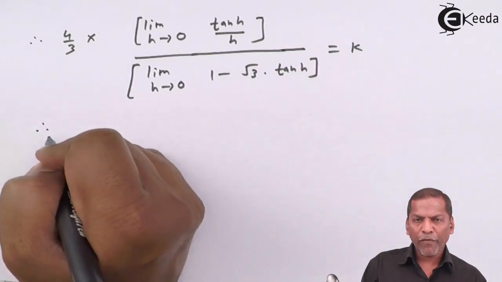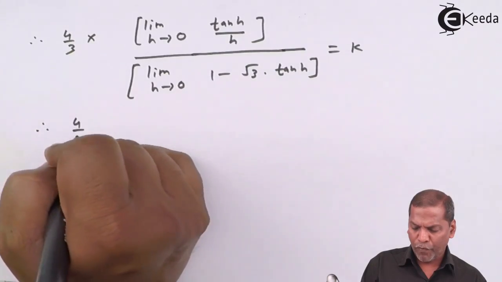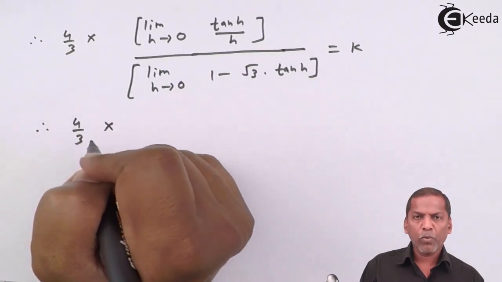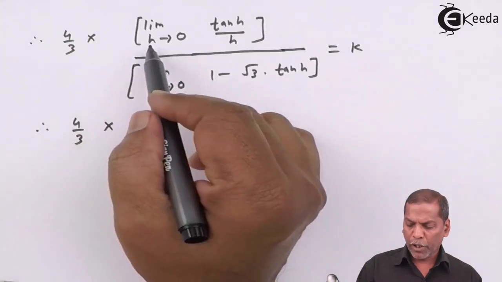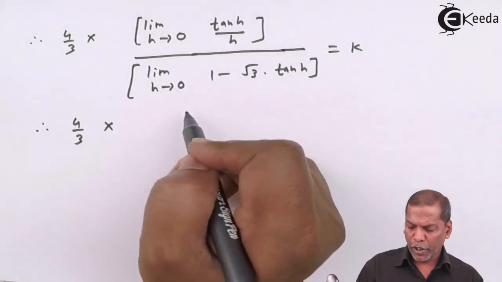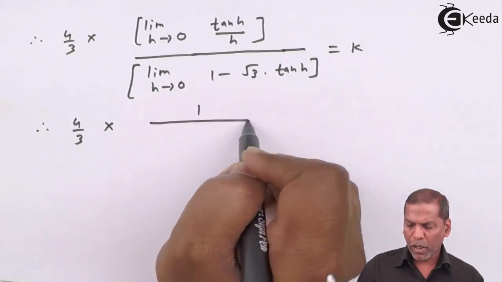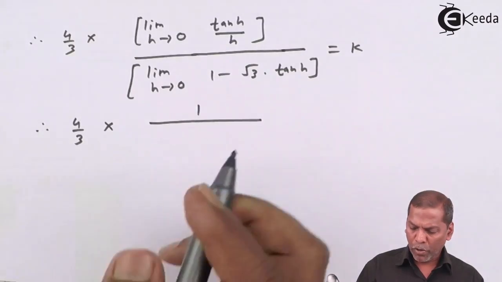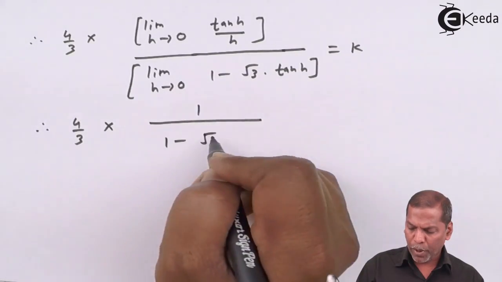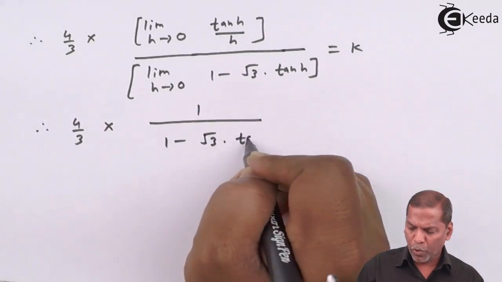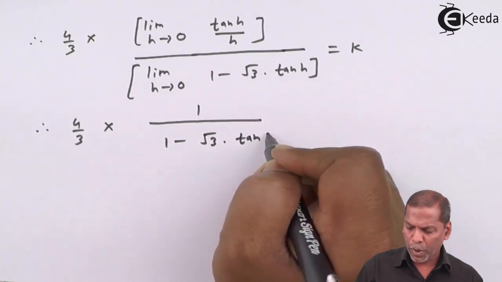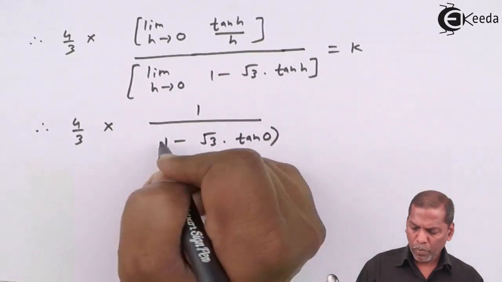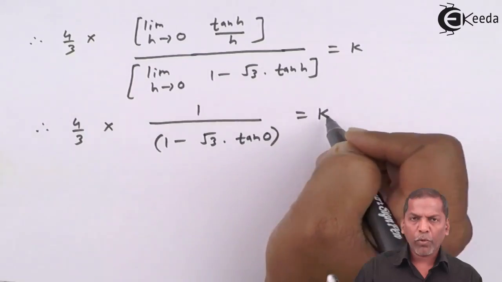So on simplifying further, we have 4 upon 3 into limit h tends to 0 tan h upon h, that gives 1, upon 1 minus root 3 into tan of 0, and that equal to k.